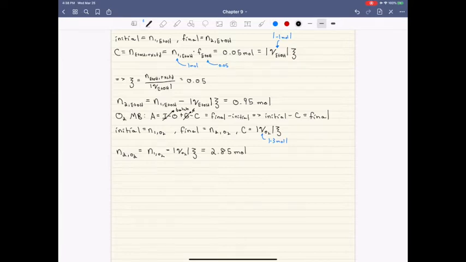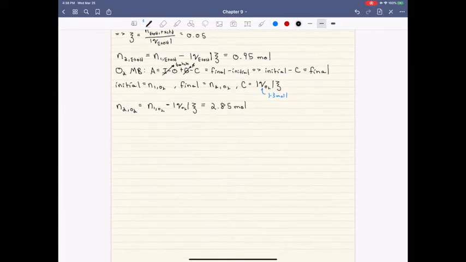Okay, let's continue on to carbon dioxide. So CO2 material balance: input minus output plus generation minus consumption. It's still a batch system, so that's going to be 0. Now, we're looking at the products here, so we are generating carbon dioxide, and we're not consuming any. We still know that this accumulation is equal to the final amount minus the initial amount.